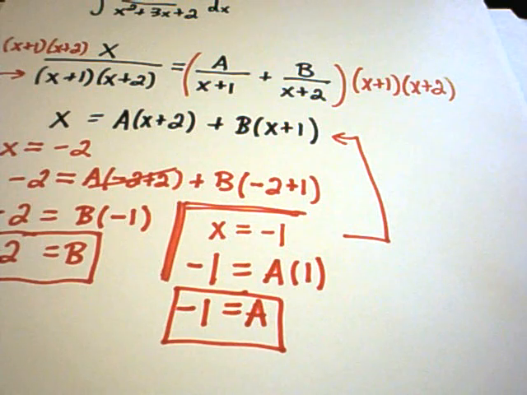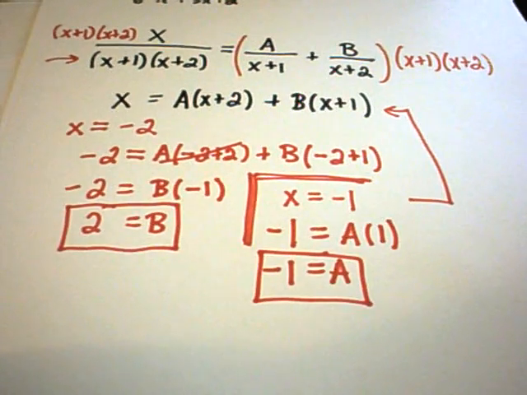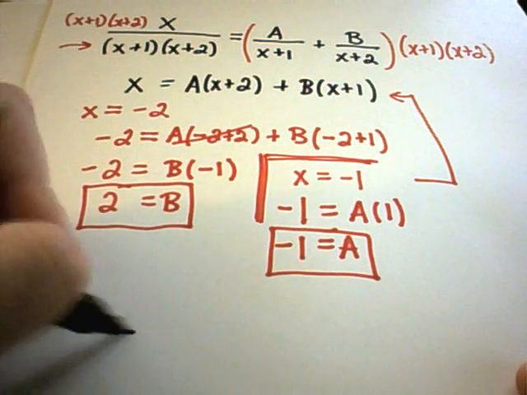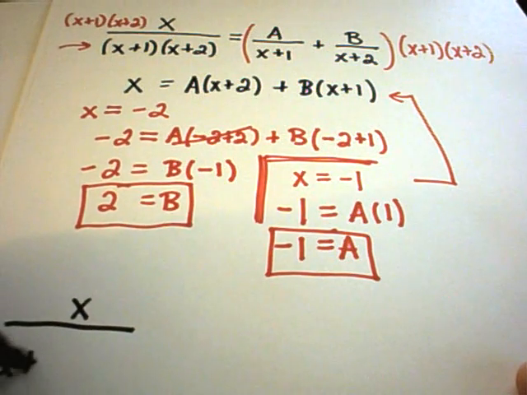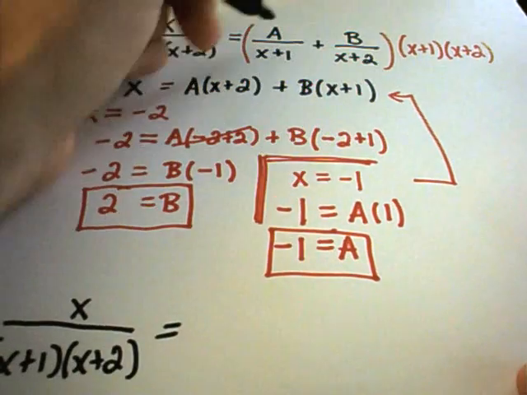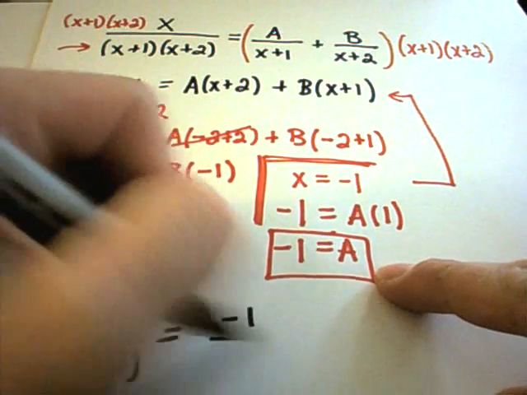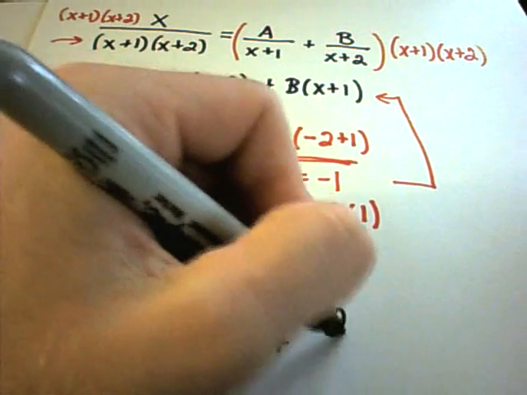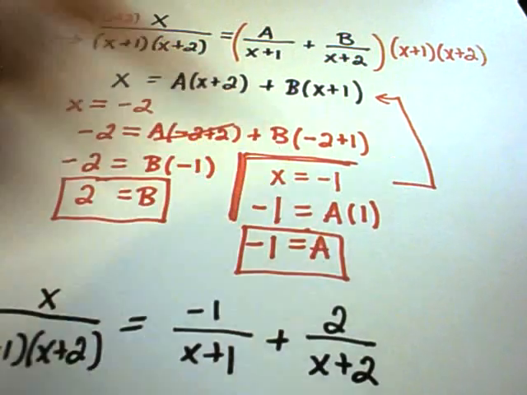So this is kind of the little trick to figure out a and b real quickly. You have to be a little careful, but this trick basically works when you have linear terms. So what it says is this fraction x over x plus 1 times x plus 2, I can actually rewrite that as a, which is negative 1 over x plus 1, plus b, which is 2 over x plus 2.